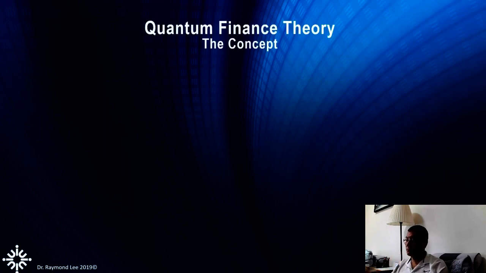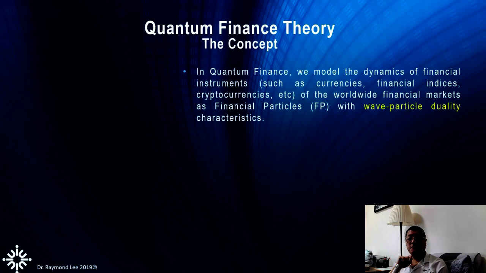So the concept. In quantum finance, we model the whole financial market, what we call the financial instrument, such as the cryptocurrency, such as the forex, such as the financial index, like the Dow Jones.